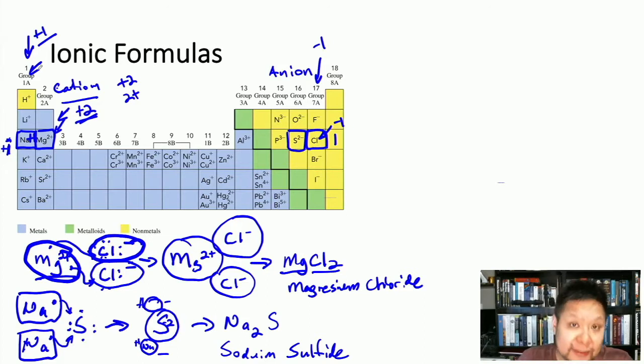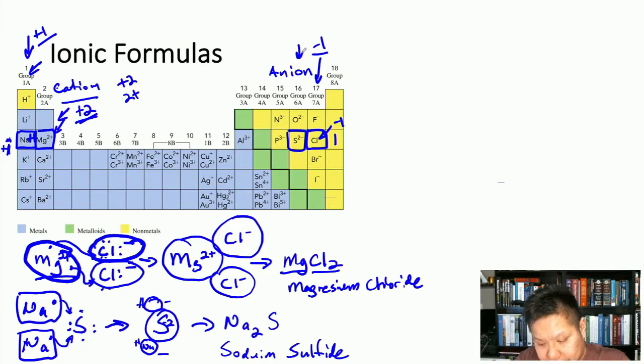Meaning that it needs to acquire 1 extra electron to have a full outer shell. And so when it does that, it becomes a -1 charge. Same thing over here with group 6, which is oxygen, sulfur. They have 6 valence electrons. They need 2 electrons for a full outer shell. When they gain those 2, they become a -2 charge, and that's where that charge comes from.